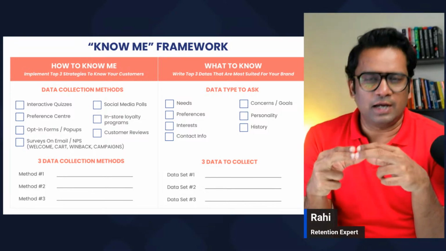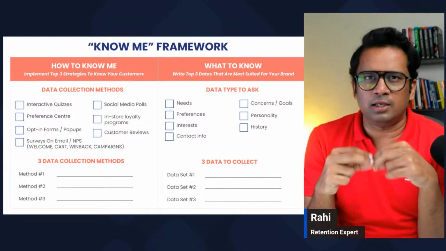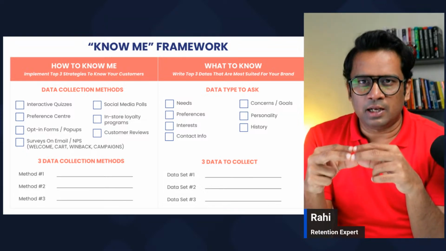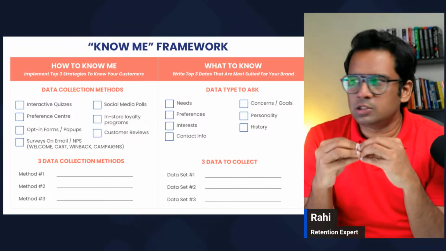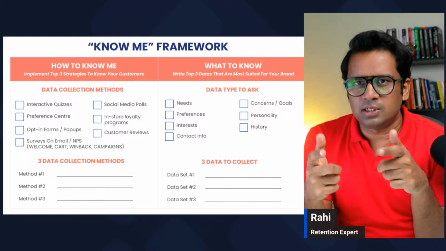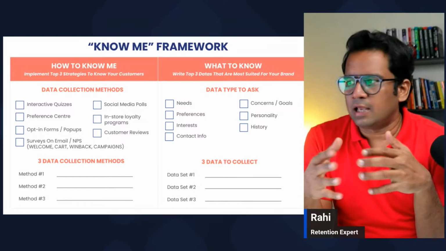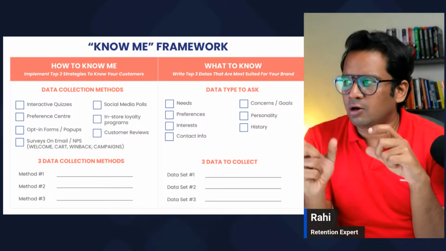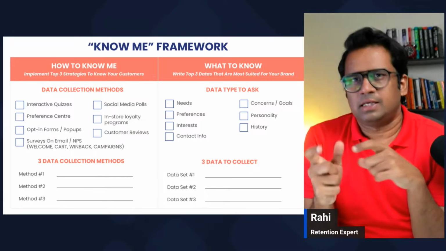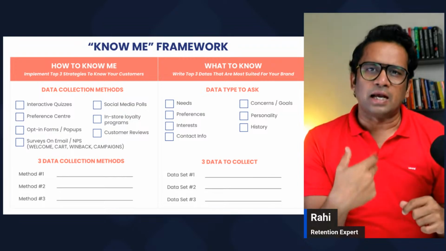Three means three kinds of information or three kinds of clarity you are building. Either you are building clarity around the needs, or around the concerns or goals, or around the preferences, or the personality type, interest, history or content. That's why we call it a data set: what kind of data set we are trying to build from this activity.